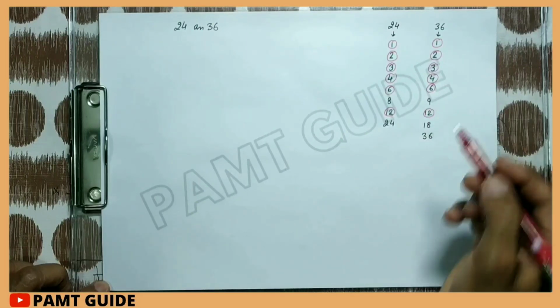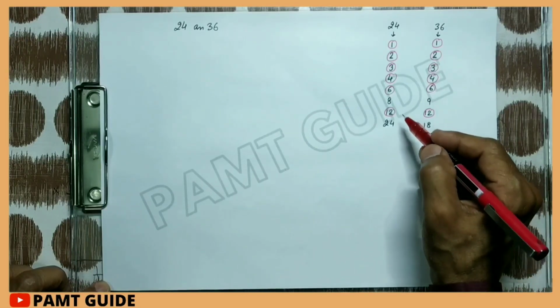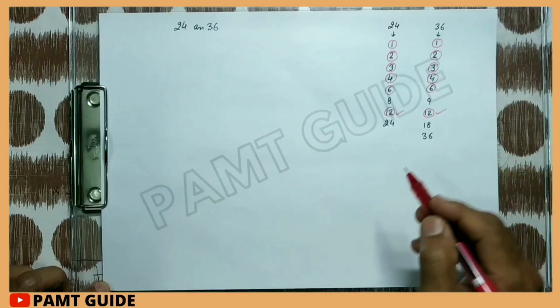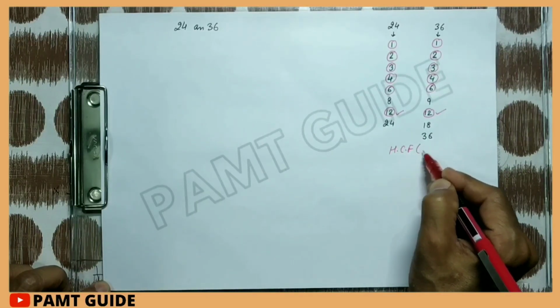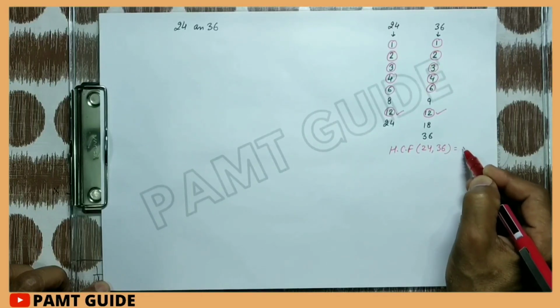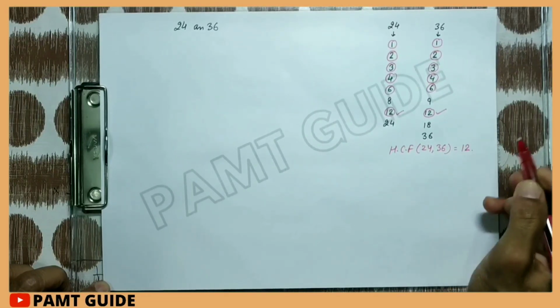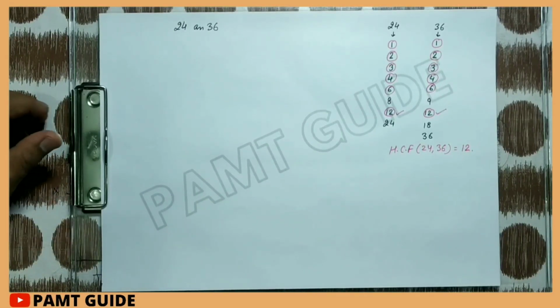Then we are seeing that the highest common factor of 24 and 36 is 12. So HCF of 24 and 36 is 12. Now we understand it by the long division method.